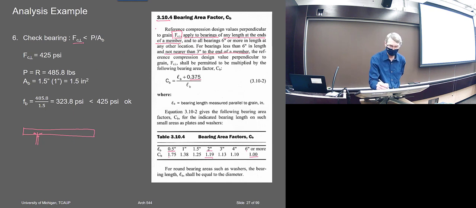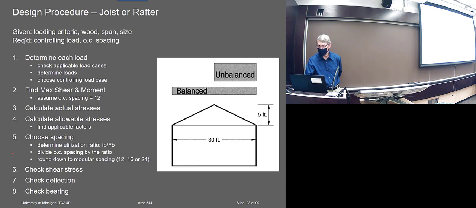I mean, it doesn't apply. And we just look at the bearing stress and make sure that is less than the allowable. This was, I guess, out of the table, right? That value. Okay, so that passes. All right, good.